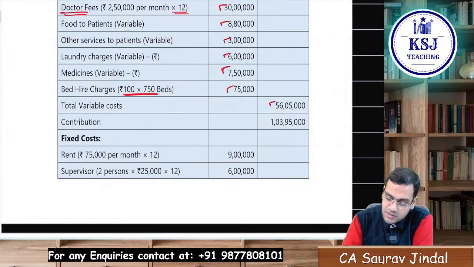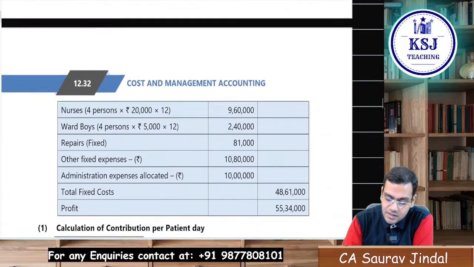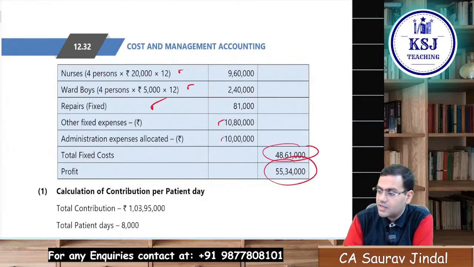Total variable cost, you will get contribution. Then fixed cost: rent, given per month, converted into annual, supervisor salary, nurses salary, ward boys, repairs, other fixed expenses, administration expenses allocated, total fixed cost, you will get profit.